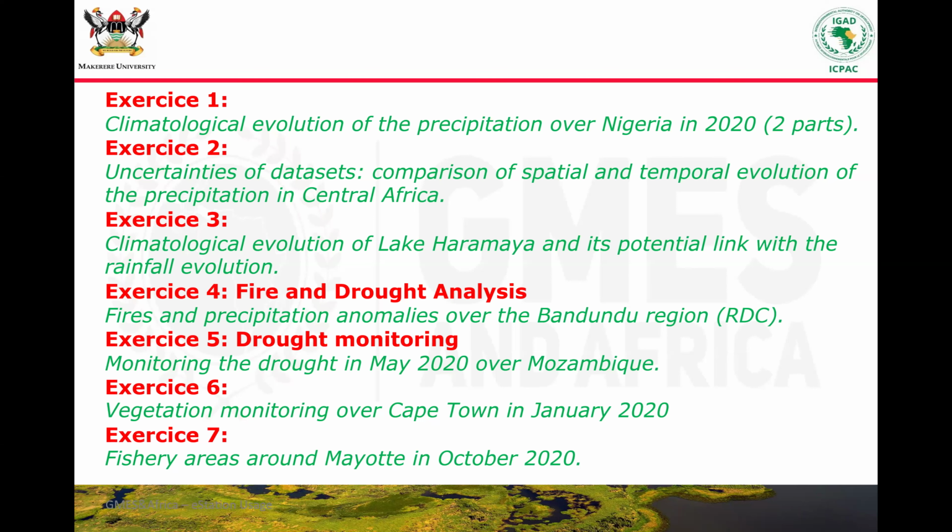Now, for your country, pick one park and do the analysis on that park to look at the seasonal analysis. For seasonal analysis, you can use exercise 6 to help you generate for your park. You're going to be using the Cape Town example, but you can generate for your park using what we call vegetation monitoring, which will allow you to do the first exercise for day 4.